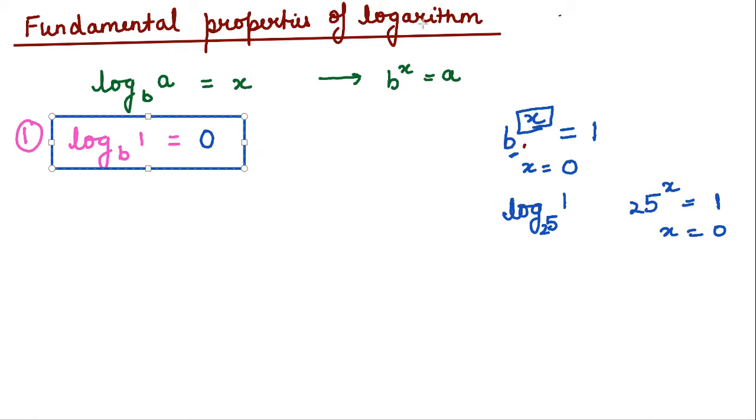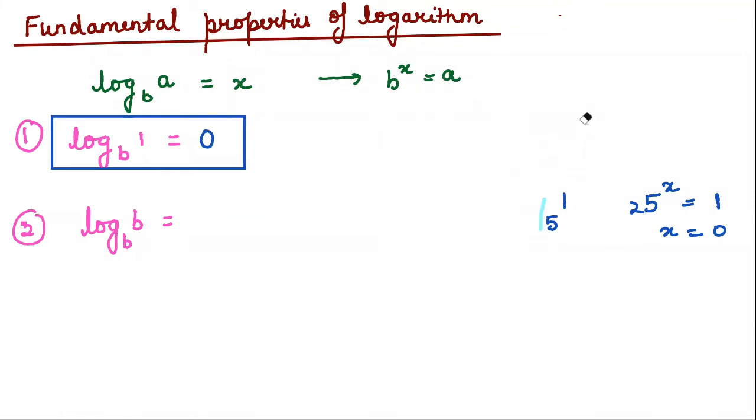Second, let's say I ask you, what will be log b to the base b? Let's try and find this out. For this, let this be equal to x. So we are finding out what we should raise b to so that b to the power x equals the output, which is b.